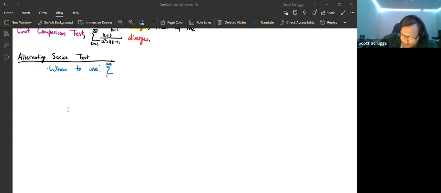I would try to use an alternating series test if my series is written of this form, where I have some positive terms and then an alternating term, the negative 1 to the kth power or something like that. If I have one of those things, then I would probably be using an alternating series test for that.